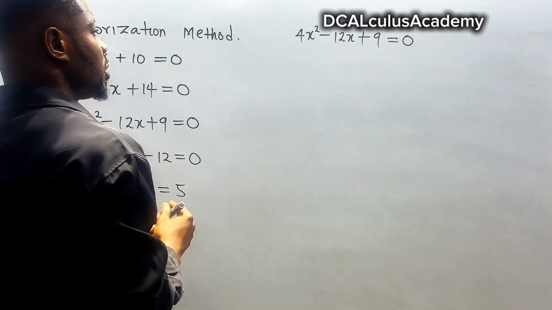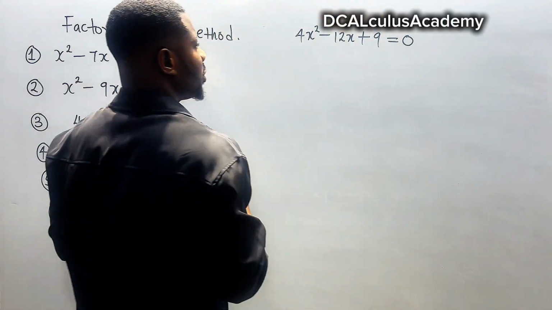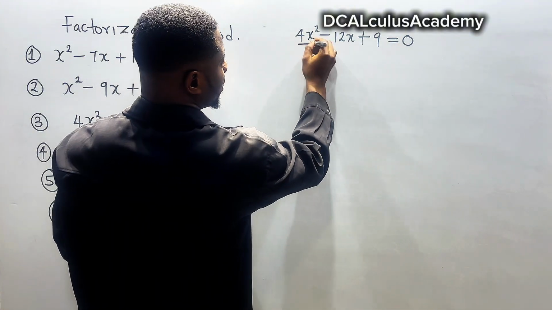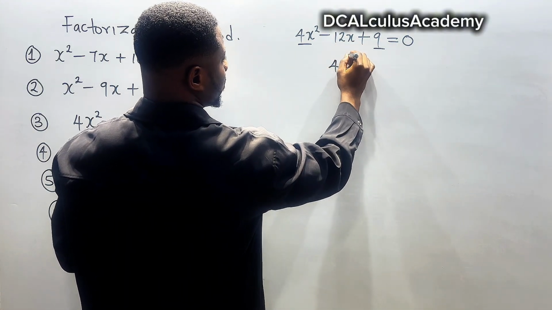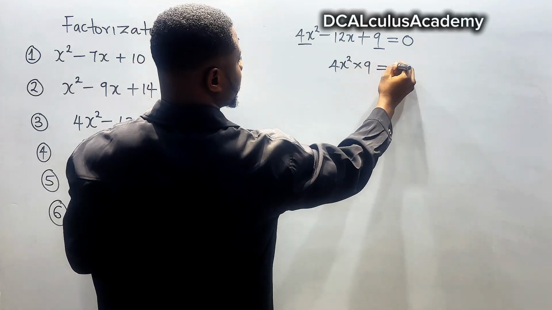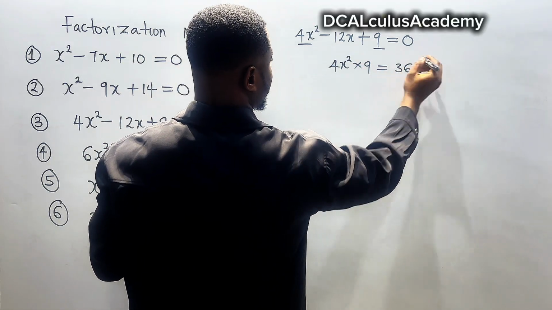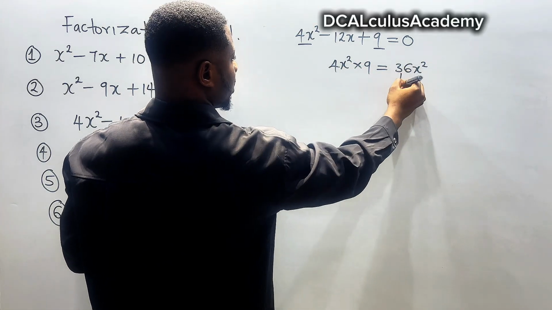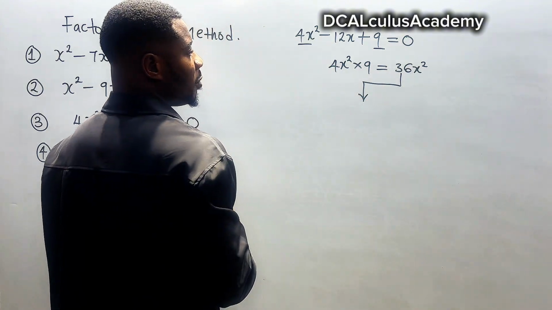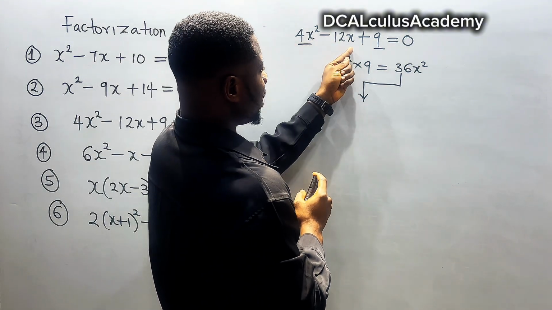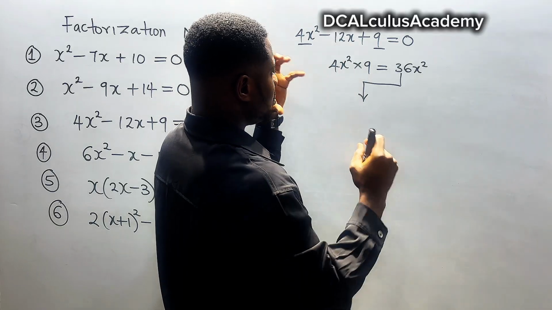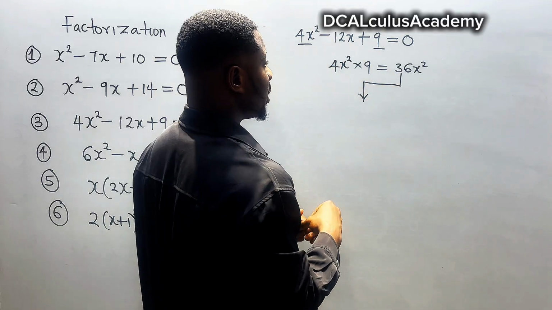The question says solve this using factorization methods. Again, I'm multiplying this and this. So we have 4x squared times 9 gives us 36x squared. From 36x squared, I'm going to produce two factors that would add to give negative 12x and multiply to give 36x squared.